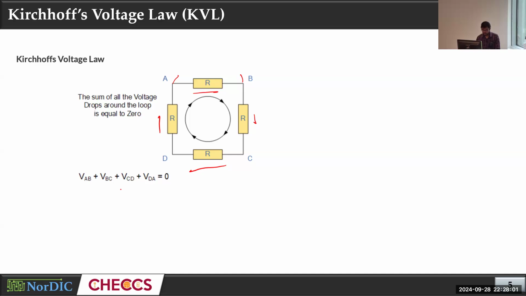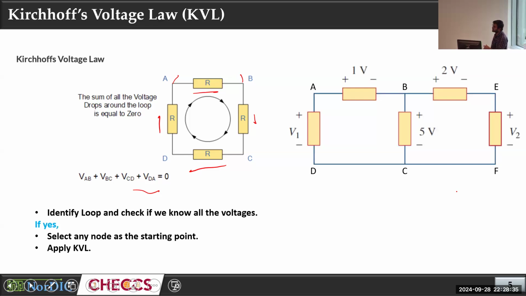If you add all these voltages, the result will always be 0. Is it clear? I'll also talk about another example where you will get an idea of how to consider the polarity of the voltages. This is just an abstract, simple representation. Just keep in mind that the sum of all the voltage drops in a loop will always be equal to 0.